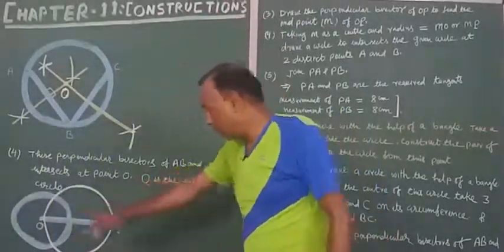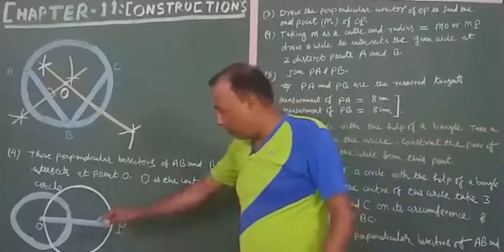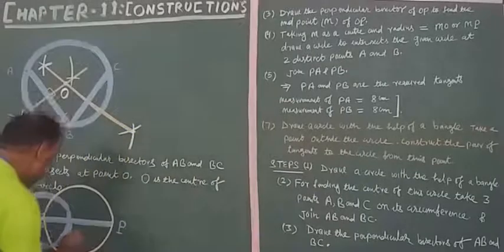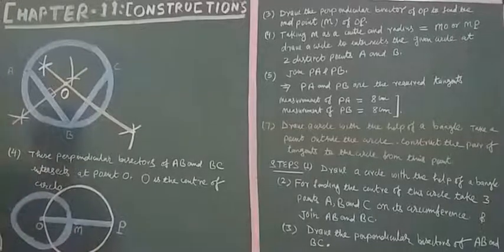We will join these 2 points O and P, then we will find the midpoint M of OP, and we will draw the circle to intersect the previous circle at 2 points.